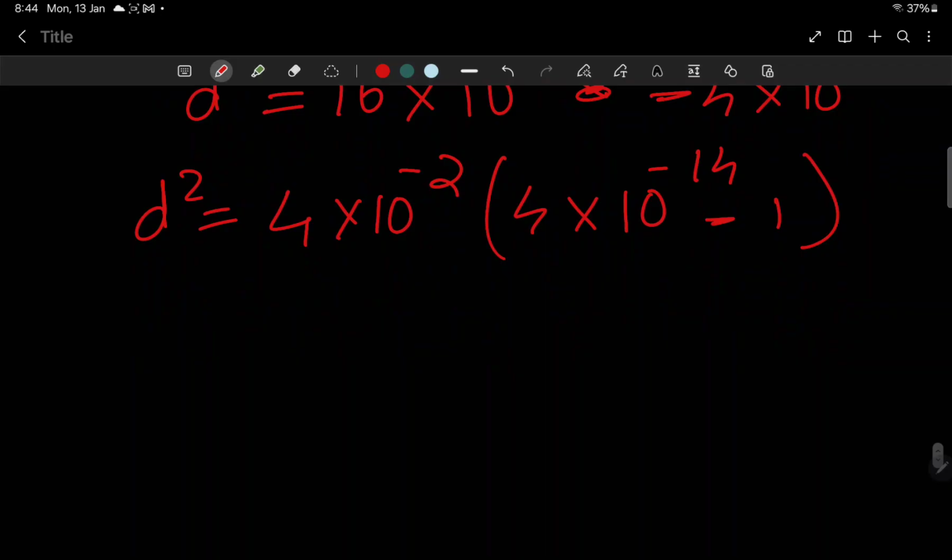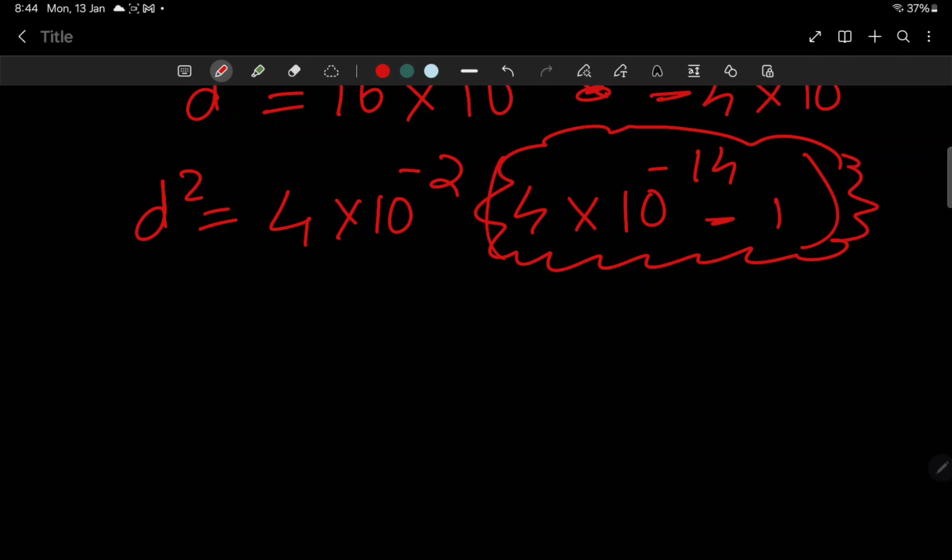Okay. This is a very small value, right? I don't know if we can ignore it. No, don't ignore. Now take root of d.